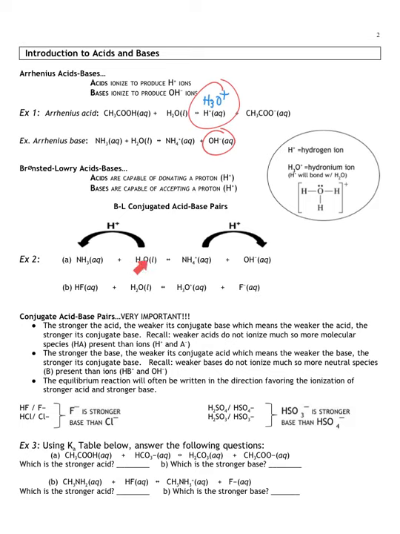So that means since this substance donated a hydrogen ion, it's an acid. So water acts as an acid. Now, since ammonia accepted a hydrogen ion or a proton, it's a base.